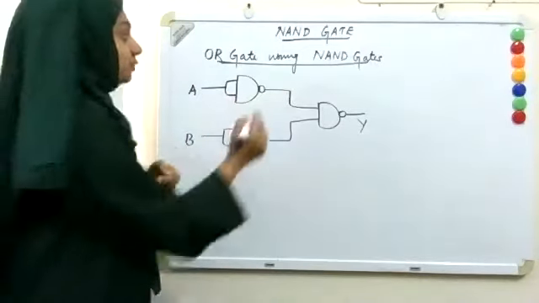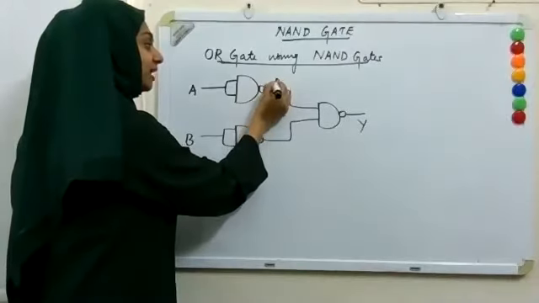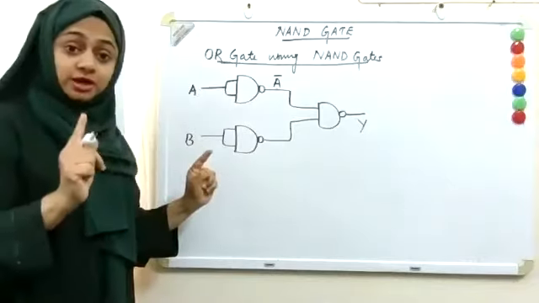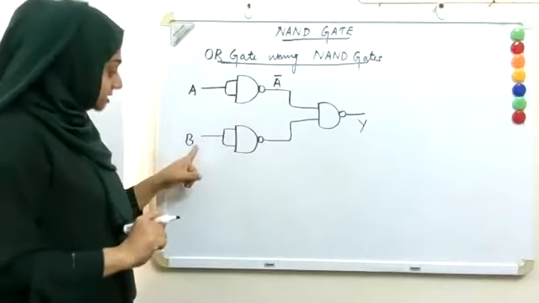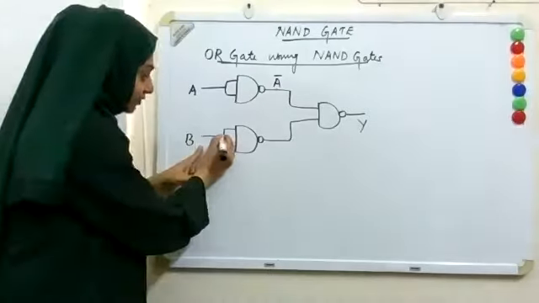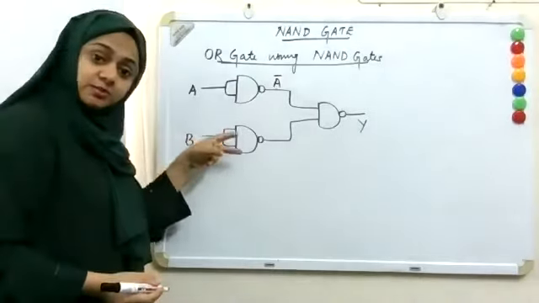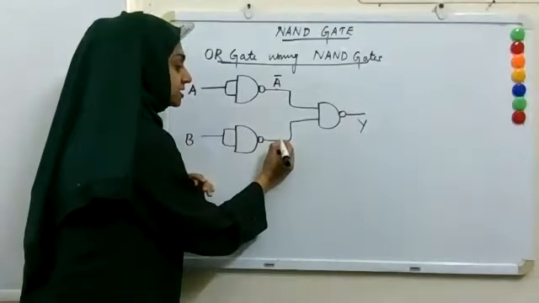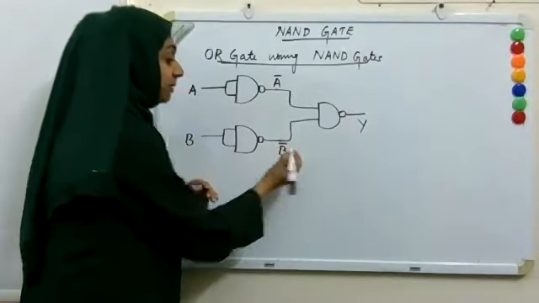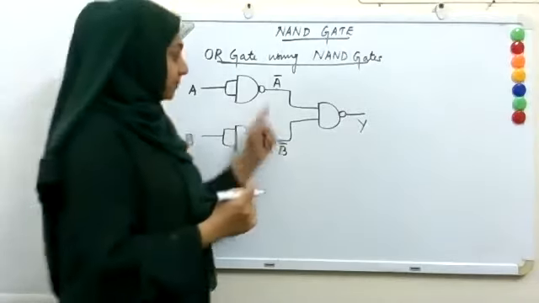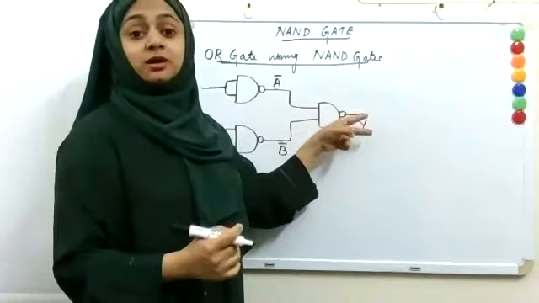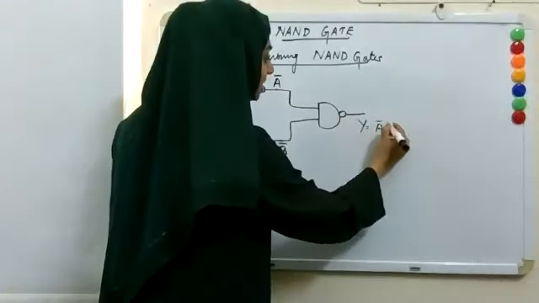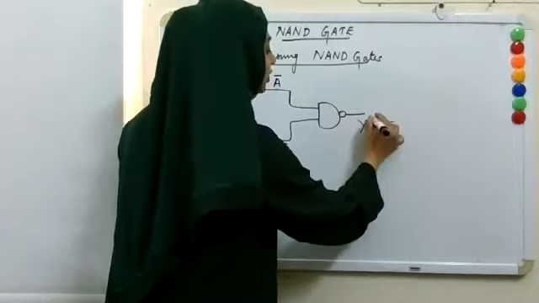So the result which we get here will be A bar, because this is similar to the NOT gate which we discussed first. And similarly here, if we give B, the same input, to a NAND gate, it will function like a NOT gate and we will get the output as B bar. Now A bar, B bar is given to a NAND gate. So the output here will be A bar and B bar, the whole bar.